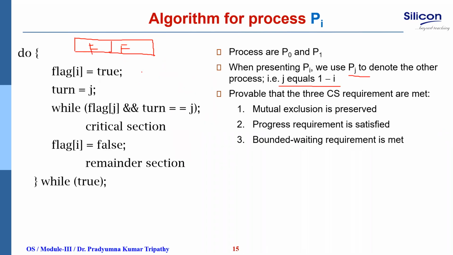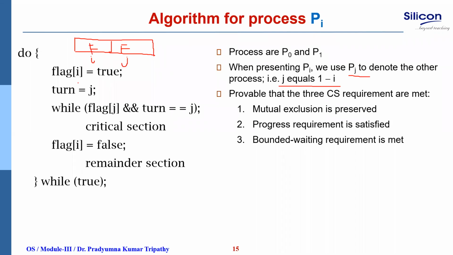Correct? Now, suppose this is for I and this is for J.